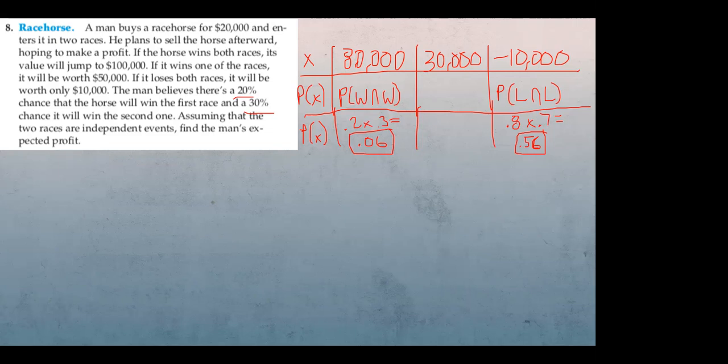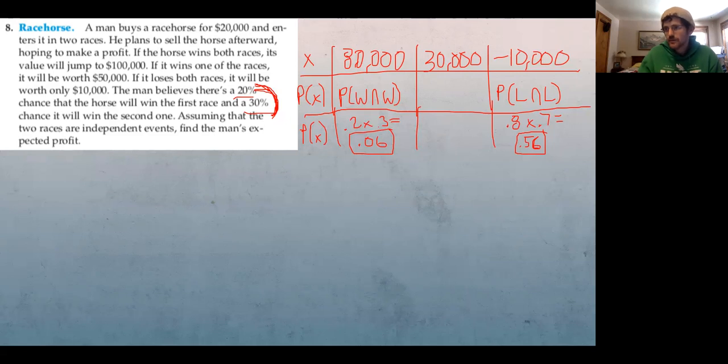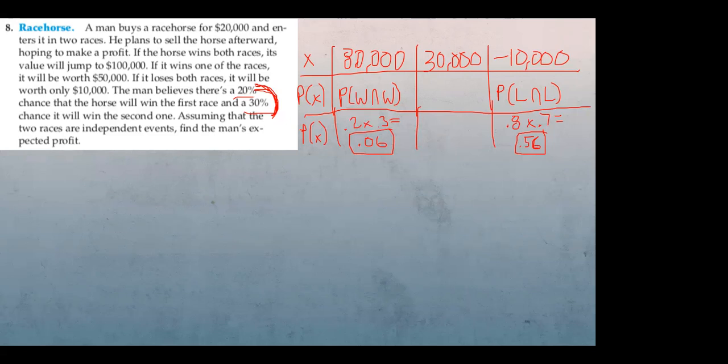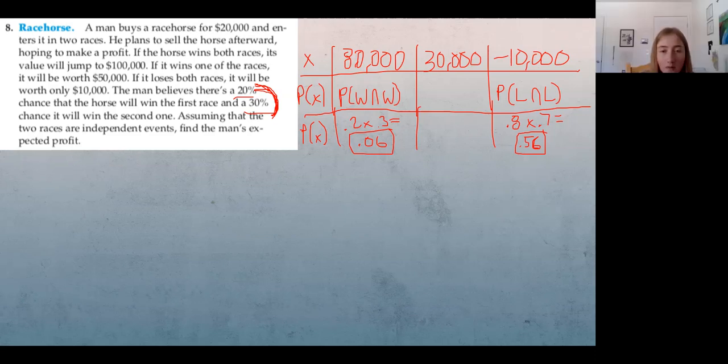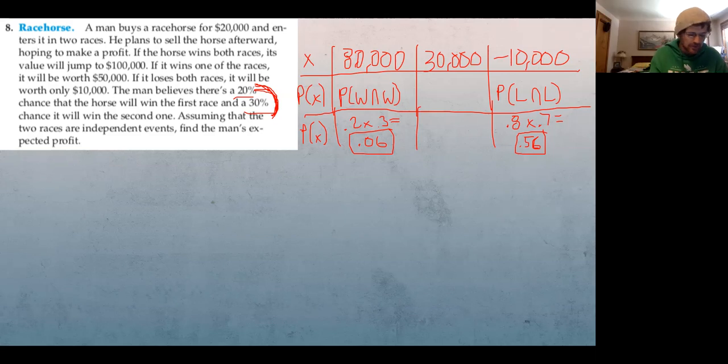Are you saying add these together? Yeah. All right, no, it wouldn't be that. Some good thinking, but that's not it. Is it 1 minus 0.06 and then minus 0.56? There you go. We know what the probability of the two outcomes are, so the third has to be whatever's left over. That's 0.62. This should be 0.38.